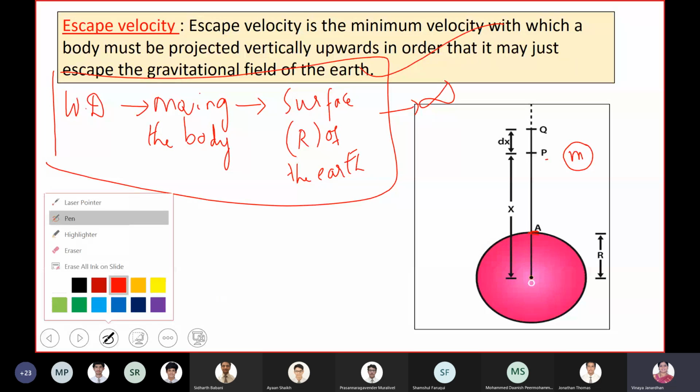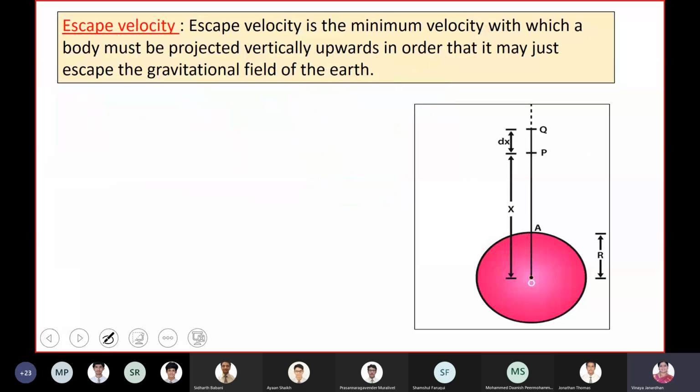For that, we'll consider a body of mass m at point P, at a distance of x meters from the center of the Earth. Your Earth is having a mass M. You have two different bodies separated by a distance of x meters. So what is the force of attraction between them according to Newton's universal law of gravitation?